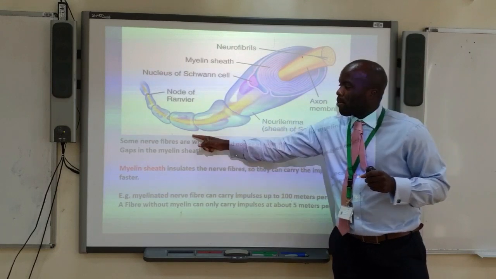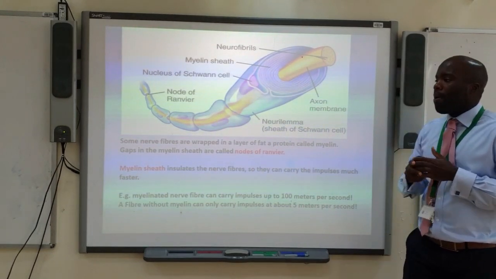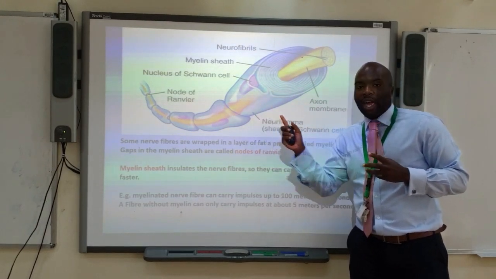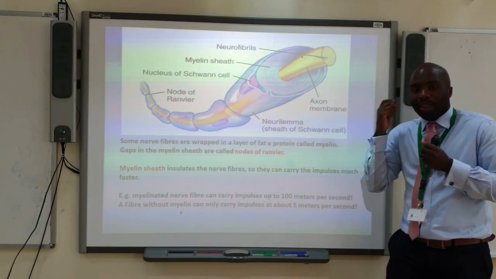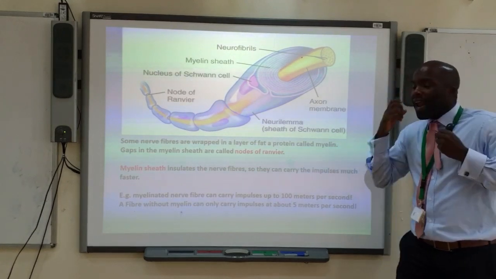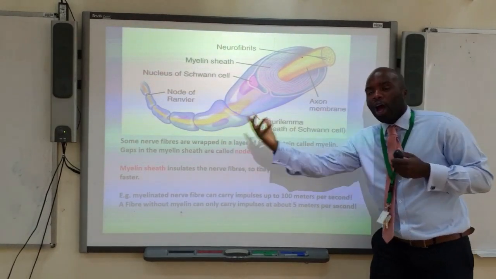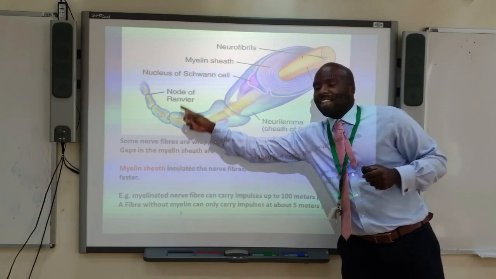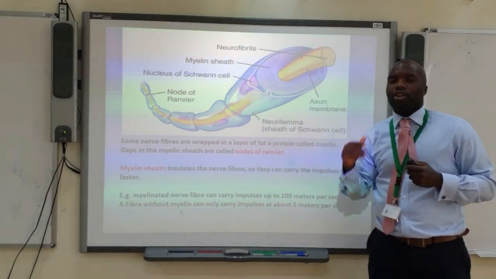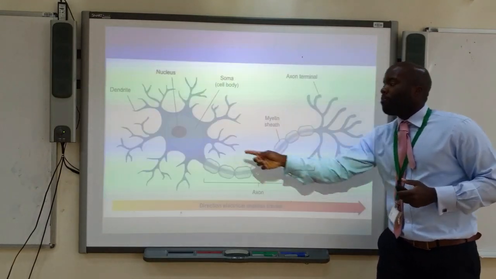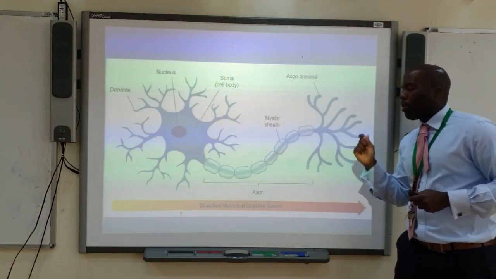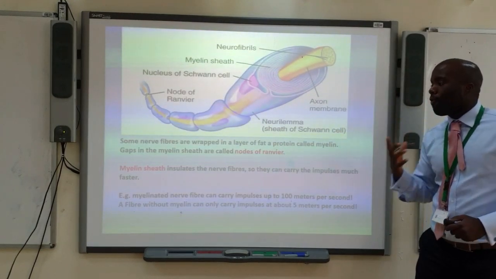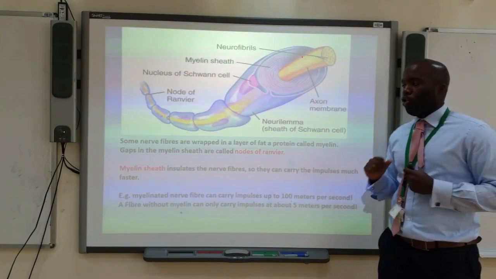Now these tiny gaps are able to conduct electricity, whereas the myelin sheath is insulated, so it doesn't. So essentially any nerve impulse, any electrical impulse that's traveling along the neuron will jump between these gaps, speeding up the electrical impulse very quickly. Now these gaps are known as our nodes of Ranvier, okay, and they're very useful.